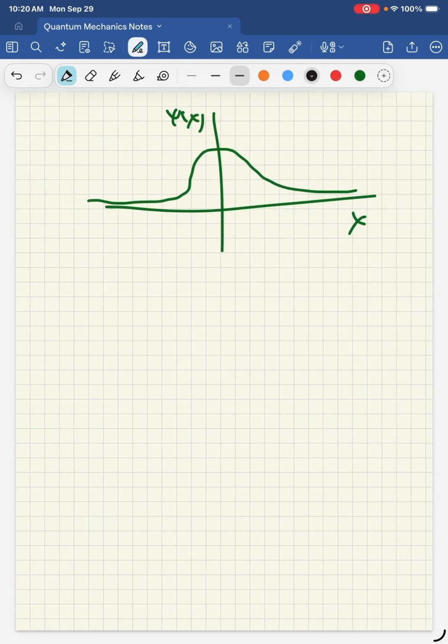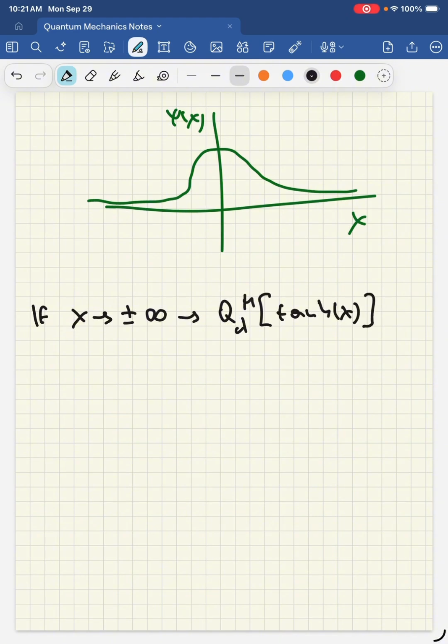So if x goes to plus or minus infinity, Q lambda mu of the hyperbolic tangent of x goes to plus or minus infinity as well. So we discard those solutions.